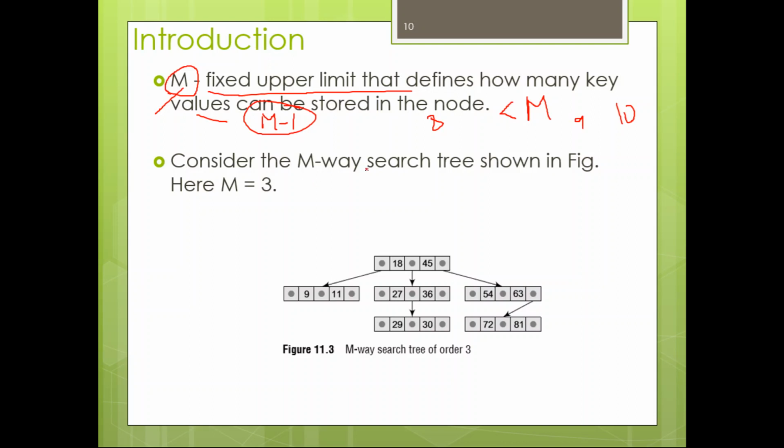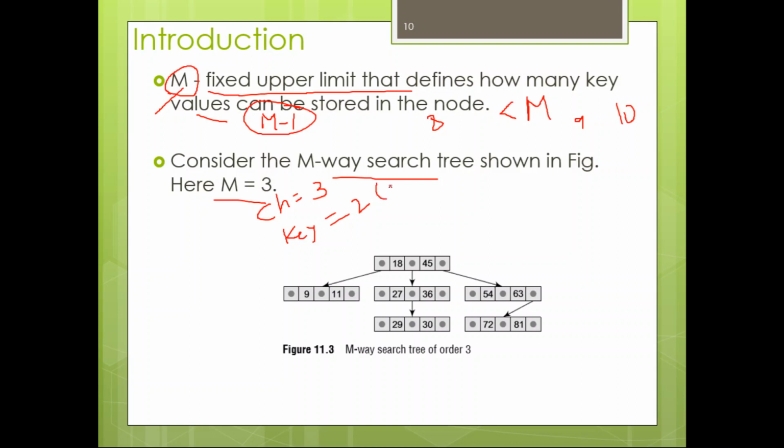So here is an m-way search tree with m equal to 3. m equal to 3 means each node can have maximum 3 children. And the number of keys, each node can have maximum how many keys? 2 keys, m minus 1 keys.